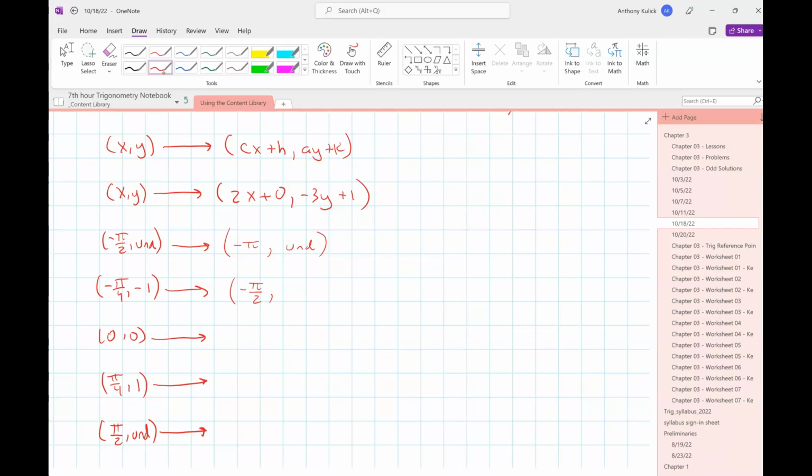And then -1 times -3 plus 1 is 4. 2 times 0 is 0. -3 times 0 plus 1 is 1. 2 times pi/4 is pi/2. -3 times 1 plus 1 is -2. And then pi/2 times 2 is pi. And anything you do to undefined still stays undefined.